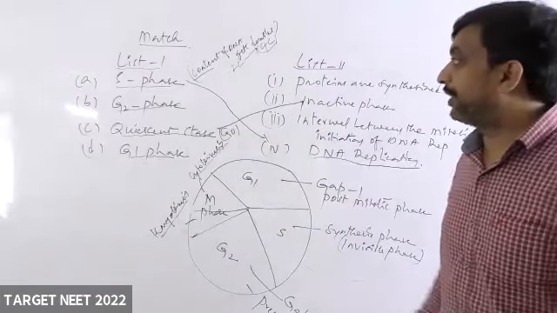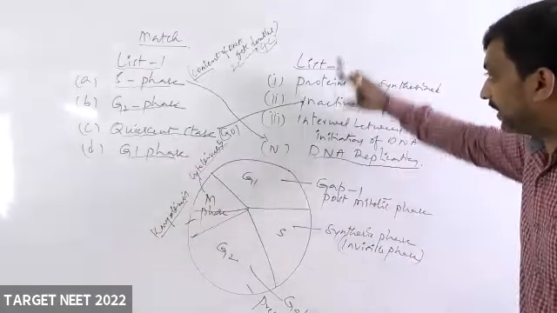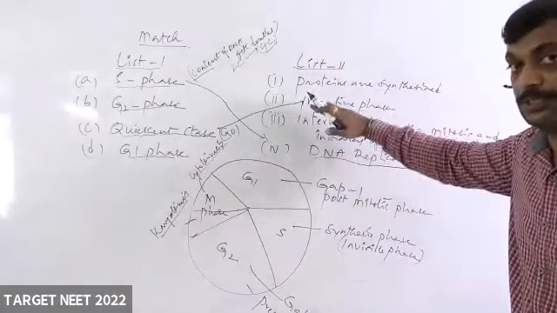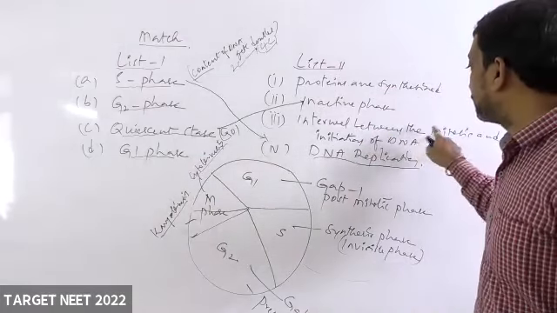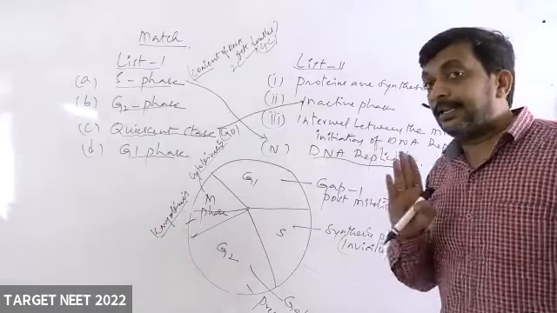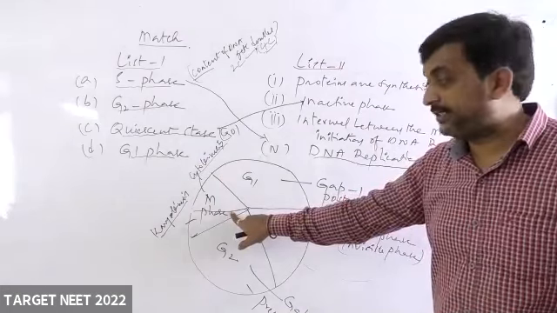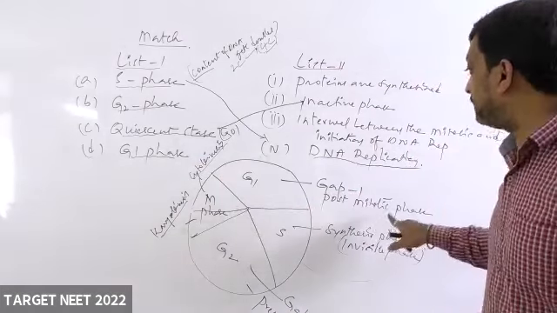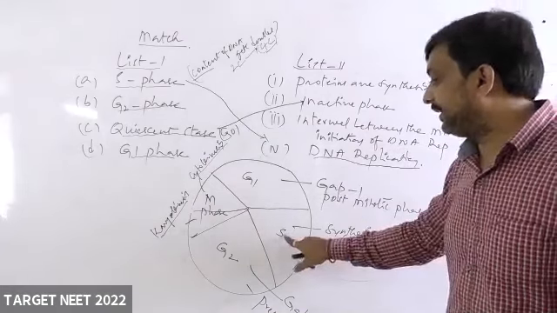The next option, G2 and G1 phases have been given. Now, interval between the mitosis and the initiation of the DNA replication. An interval between the mitosis means M phase, and the initiation of DNA replication means S phase.